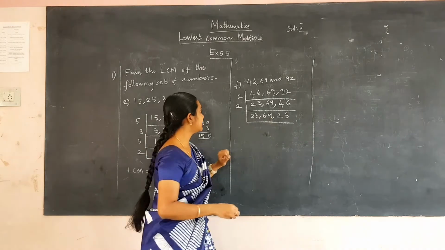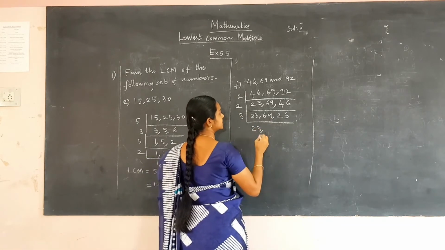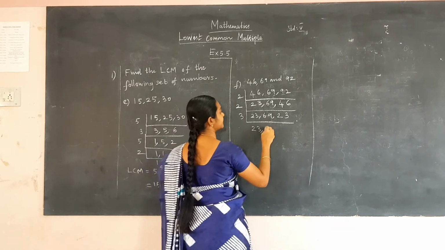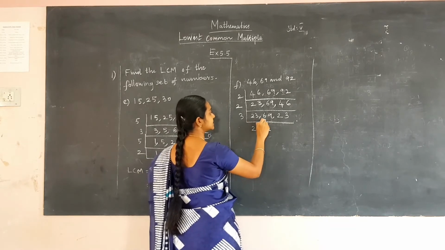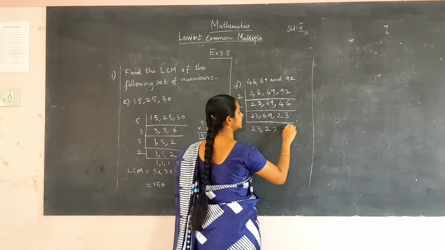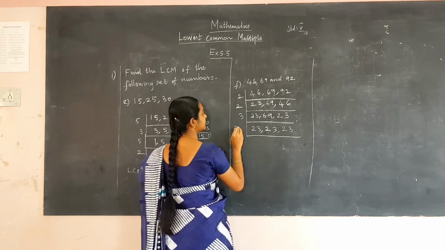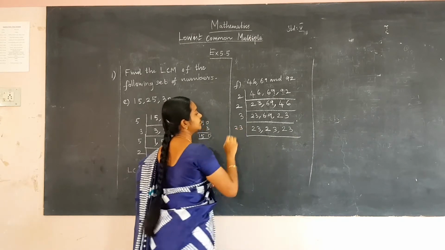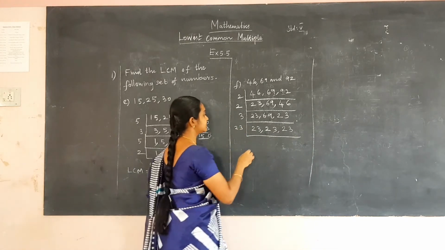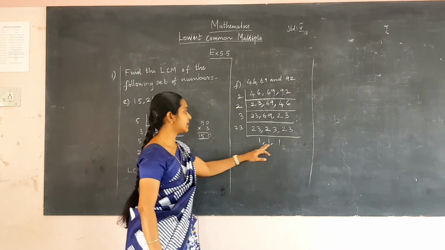So let us divide it with 3. Keep 23 as it is. 2 3s are 6. 3 3s are 9. Now divide the number with 23. 23 is a prime number, so we can divide. So the answer we have got is 1 comma 1 comma 1.